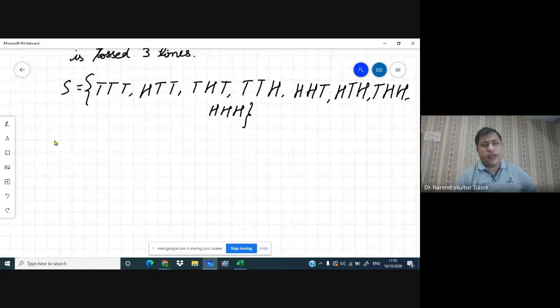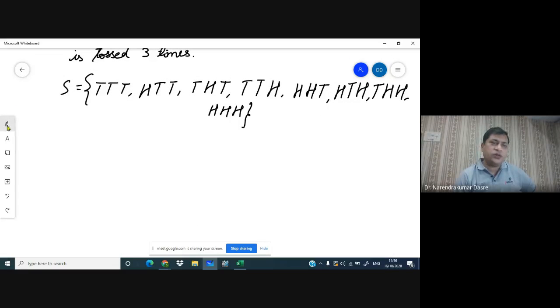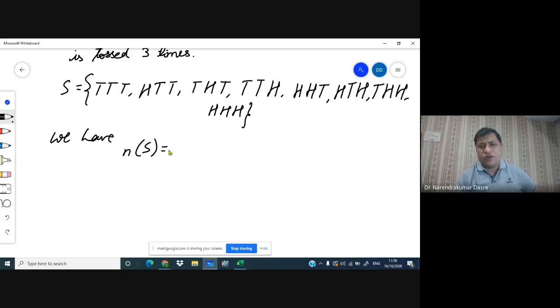Now for the probability, we need to know how many total sample points we have. You can count: 1, 2, 3, 4, 5, 6, 7, and 8. So we have a total of 8 sample points. As we know, an event is always a subset of the sample space.